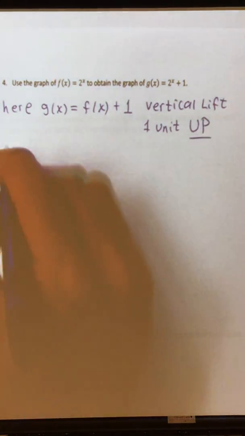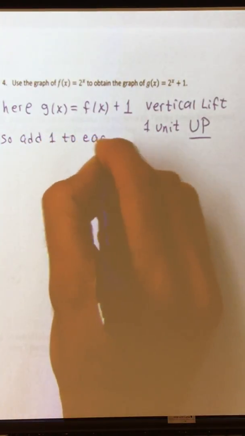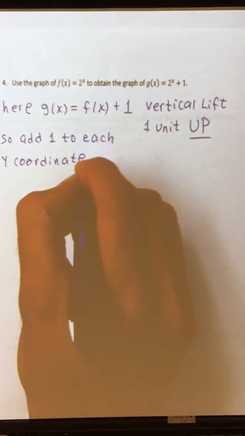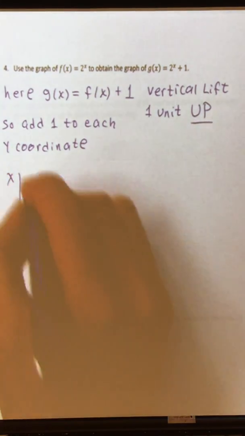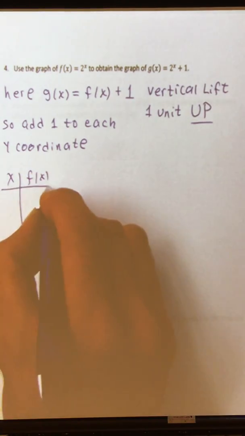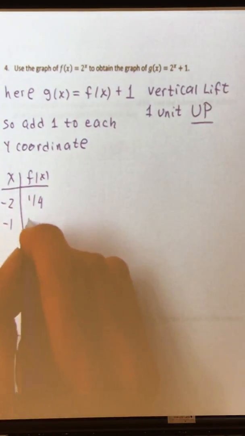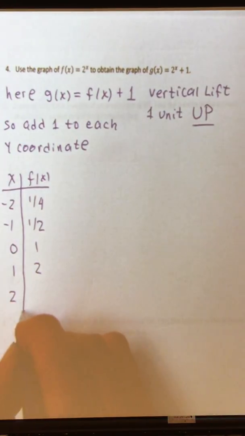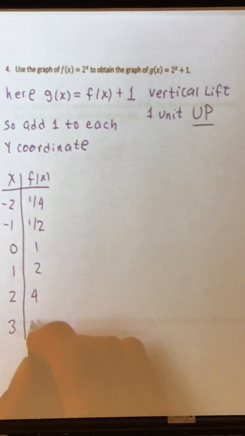So what that means to take 1 unit up is, we add 1 to each y coordinate. So we'll quickly list the y coordinates and x coordinates for the function f, and then we'll add 1 to each y coordinate to get the coordinates for g of x. So -2 gives us 1/4, -1 gives us 1/2, 0 gives 1, 1 gives 2, 2 to the second is 4, and 2 to the third is 8.